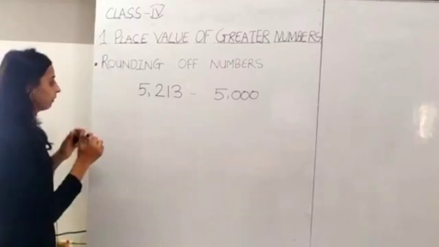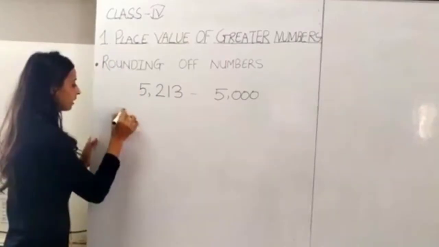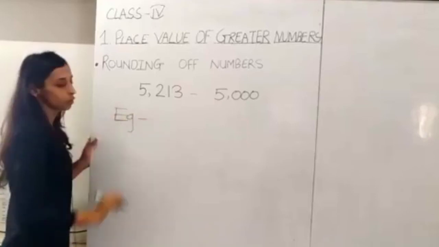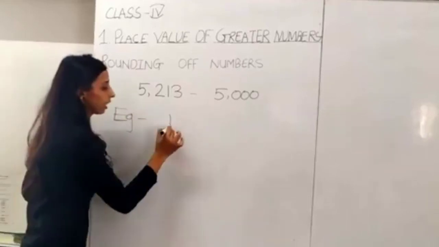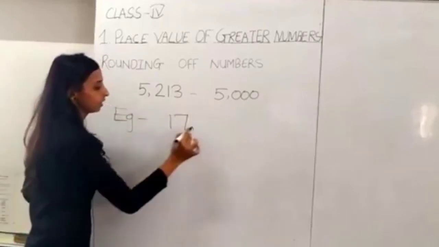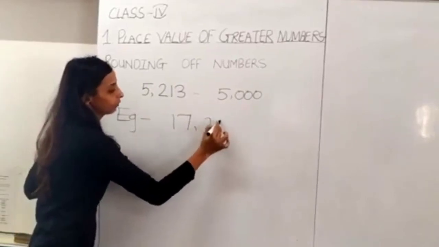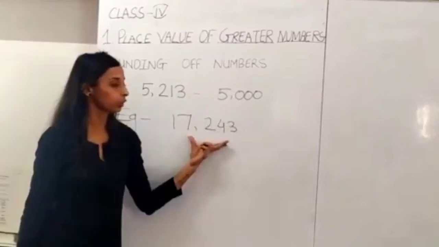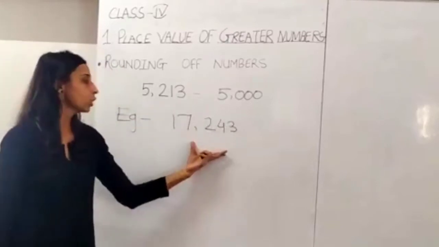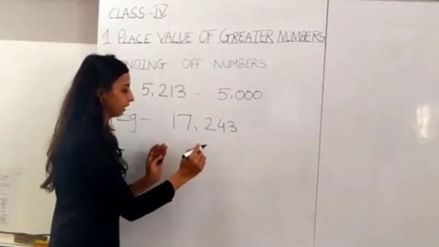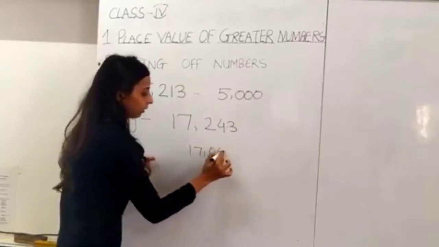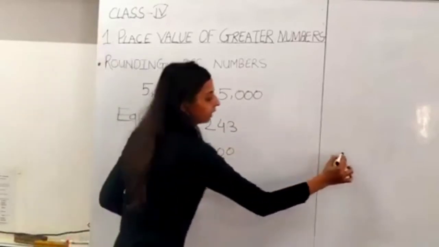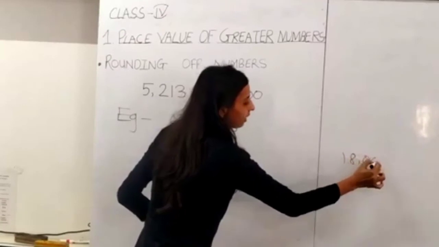Now let us see some more examples. Suppose we take one more example, the number is 17,243. If I tell you to round off this number, see here, this number is between 17,000 and 18,000, right?